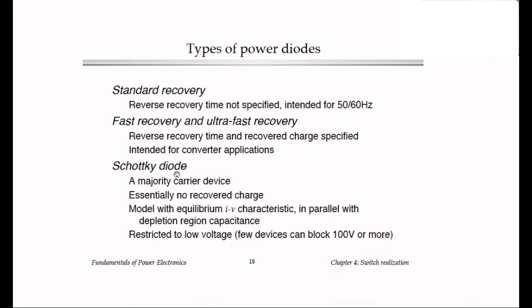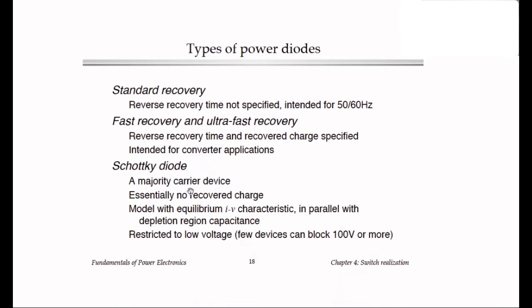These wide band gap devices can attain high breakdown voltages of 600 or 1200 volts in a Schottky diode and still be majority carrier devices. They have larger forward drops, maybe 1.5 or 2 volts instead of less than 1 volt.